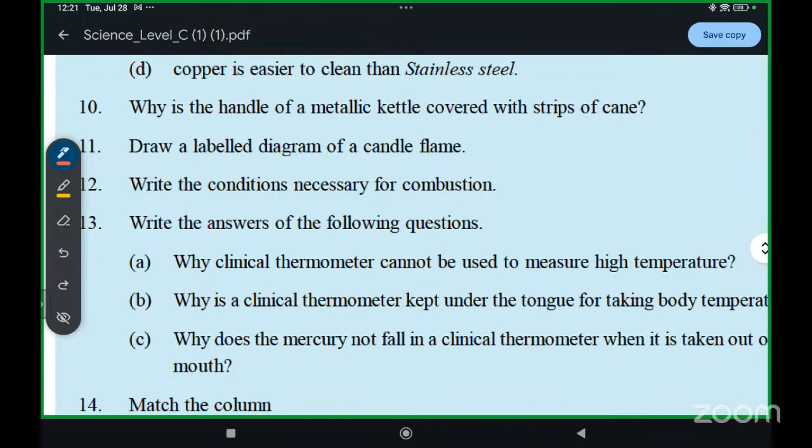Heat, fuel, and oxygen, ma'am. Yeah, heat, fuel, and oxygen. That is right. Okay. Fuel is there, oxygen is there, and heat is there. Those three things are the requirements for burning or combustion to take place.